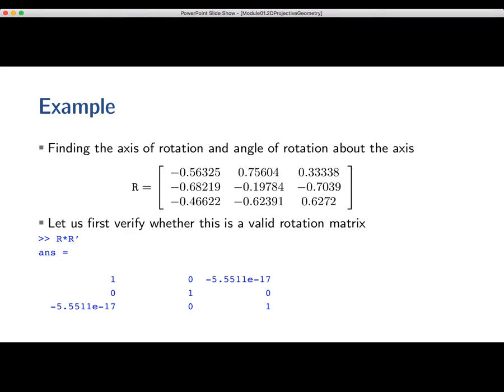Even though I had been careful in generating it, I did not type these numbers up to only this precision. Actually, I cheated. I first generated an orthonormal matrix from MATLAB. So this matrix was orthonormal up to a precision of 16 or 17 decimal places, because that was the precision of the numbers used in MATLAB. And so therefore I got this. Had I typed these numbers only up to 5 decimal places, these values would have been a lot larger, on the order of 10 to the minus 5.